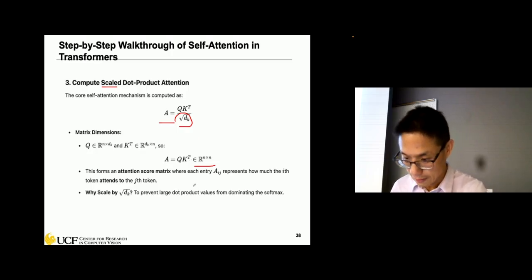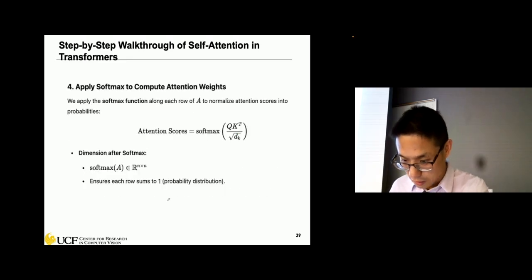And we have some scaling to keep large values from dominating the softmax.